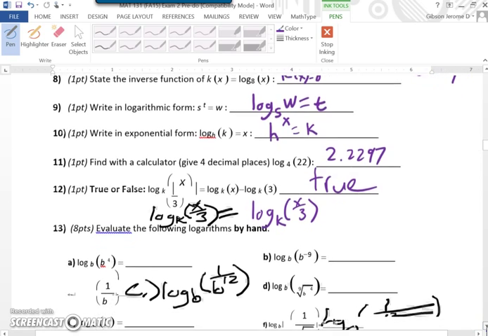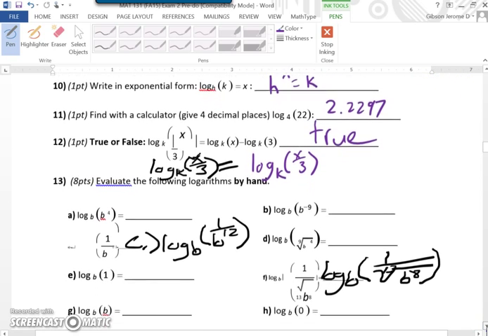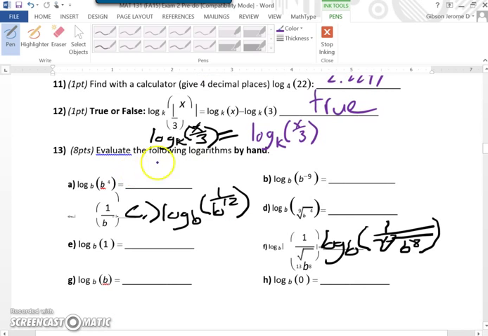Okay, now 13. It says evaluate the following logarithms by hand. We have log b of b to the 4th. We know whenever we have the base and the base taken to an exponent, they simplify out and just leave the exponent. Now if we look here at b, it's the same thing.